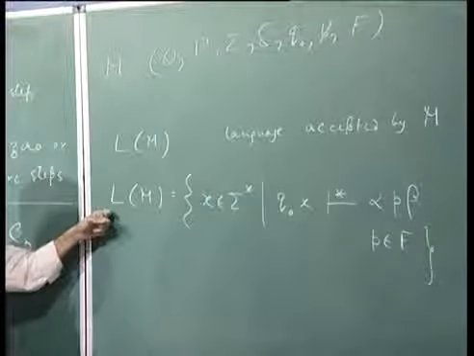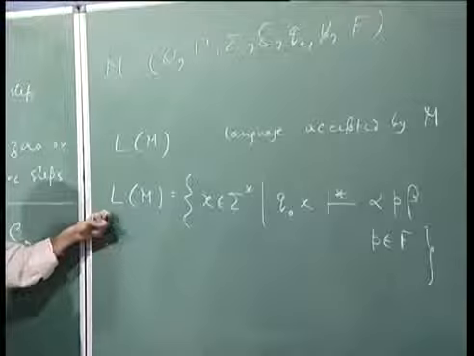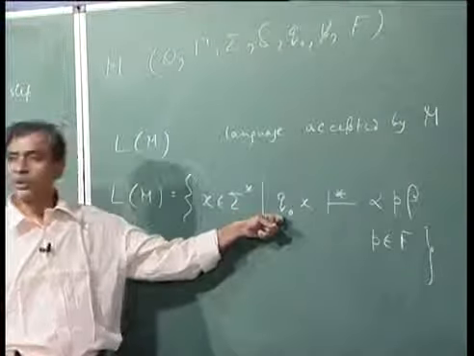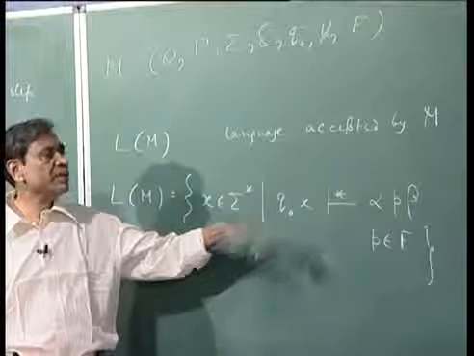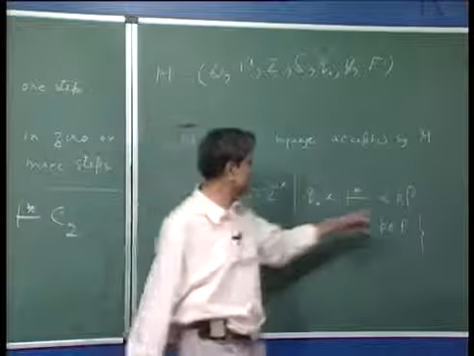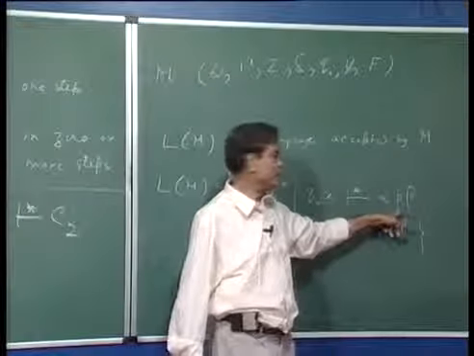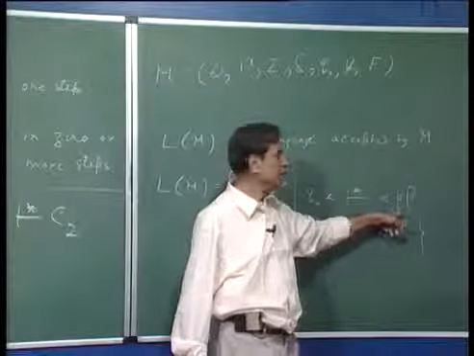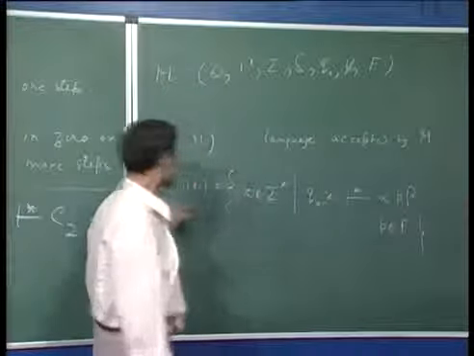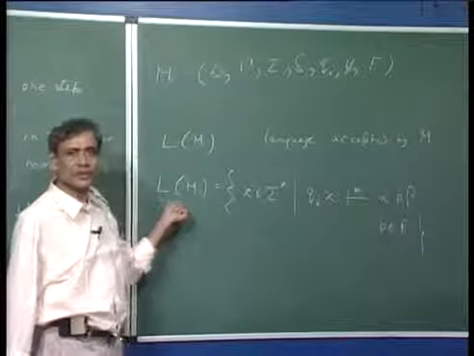So, what we are saying is, starting in state Q0 scanning the leftmost symbol of the input, if in 0 or more steps the machine M reaches a final accepting state, in that case x is in the language accepted by the Turing machine M.